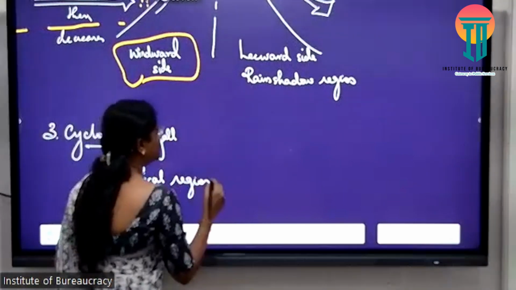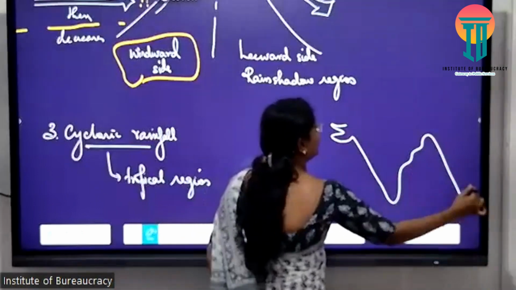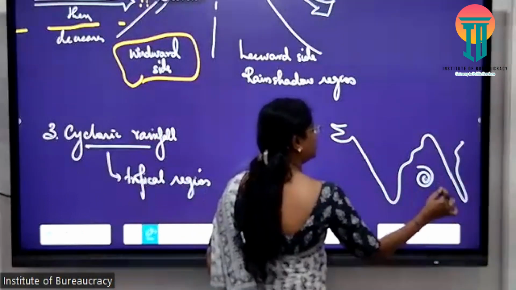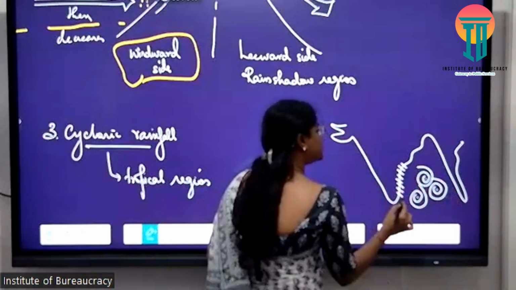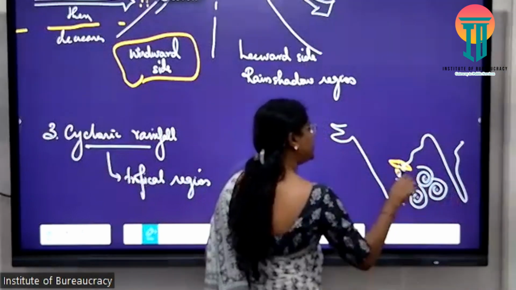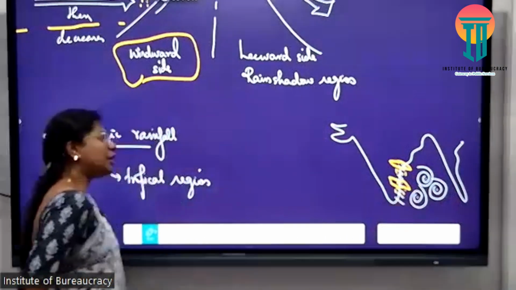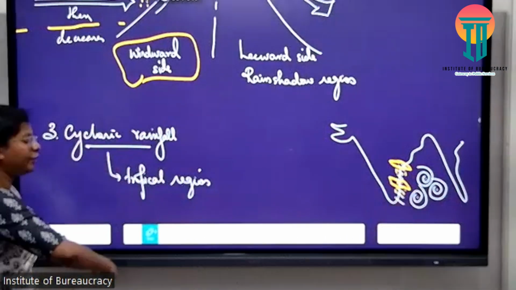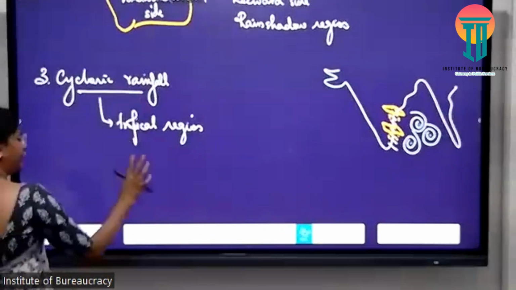Whenever there are tropical cyclones in the ocean, the coastal regions would experience rainfall. Such rainfalls are known as cyclonic rainfalls, and predominantly they are associated with the tropical latitudes.